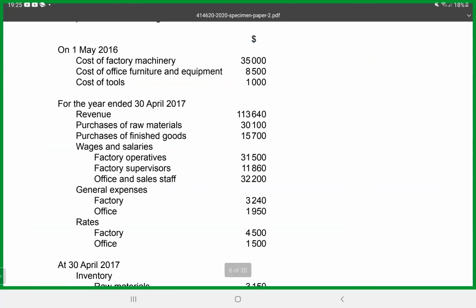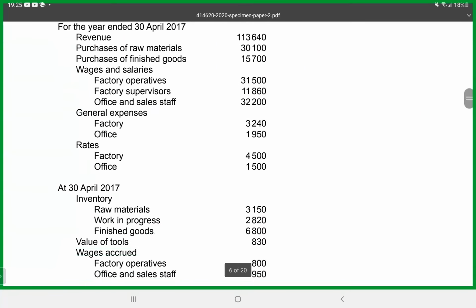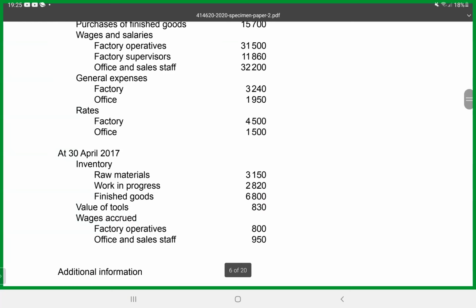That's why you have to look at the periods that you're dealing with. This period started in May 2016 and it ended 30 April 2017. So as of 30 April 2017, do we have the stock of raw materials?